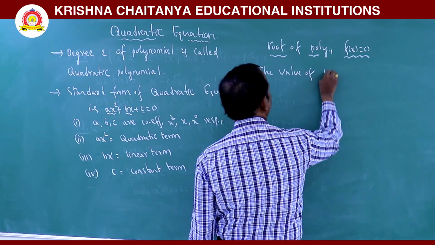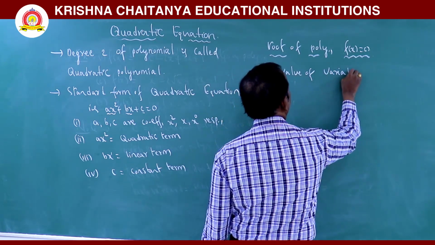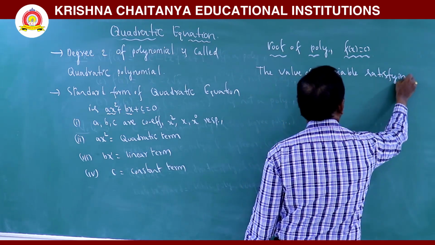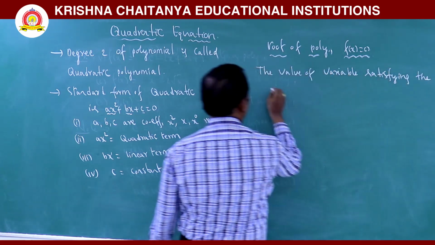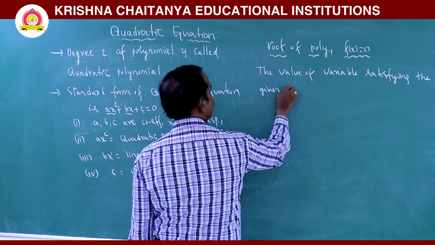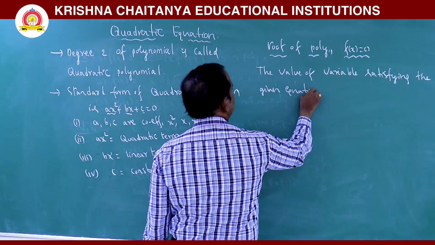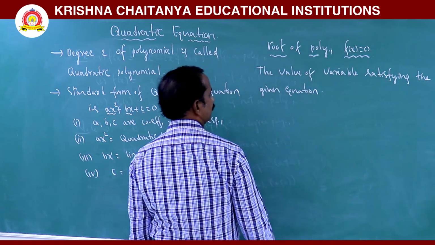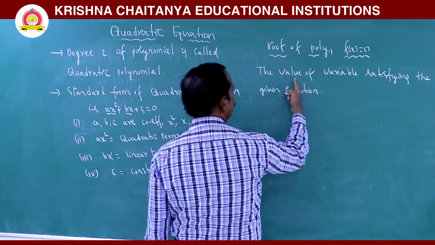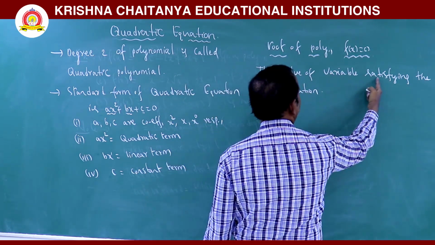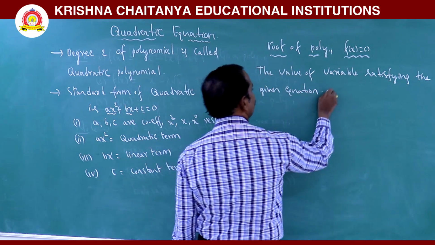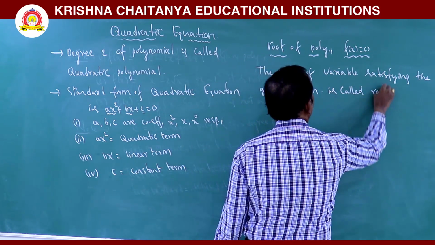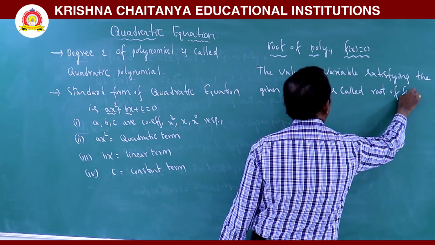The value of the variable satisfying the given equation is called the root of the polynomial. Once again, the value of the variable satisfying the given equation is called the root of f of x is equal to 0.